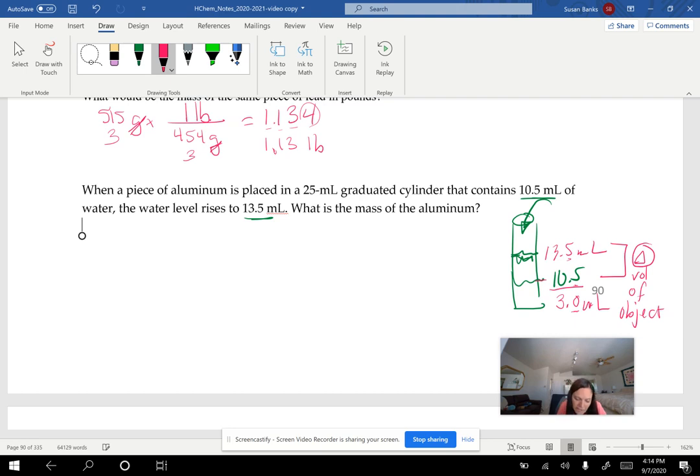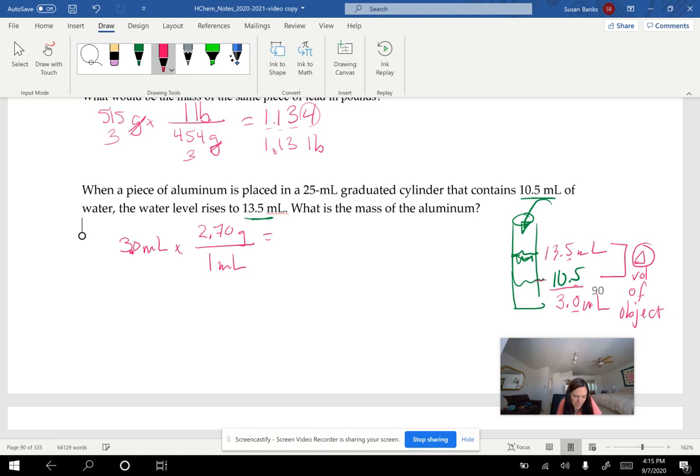Okay, so what is the mass of that aluminum? I have 3.0 milliliters of aluminum, and if I remember correctly, aluminum has a mass of 2.70 grams per 1 milliliter.